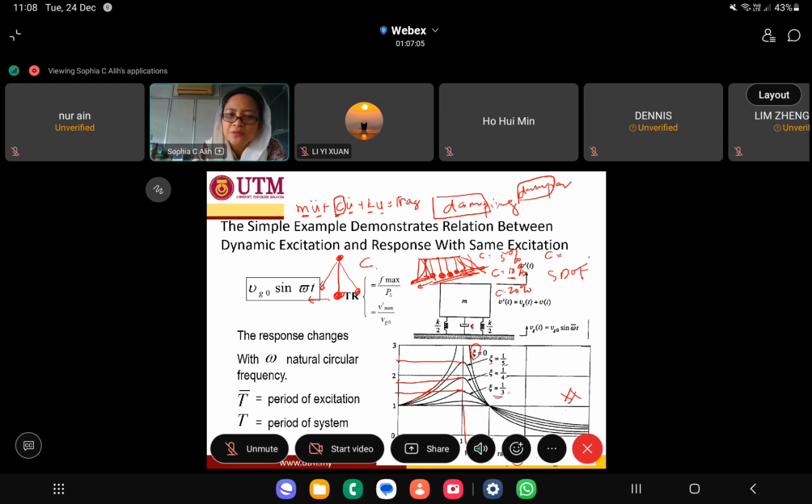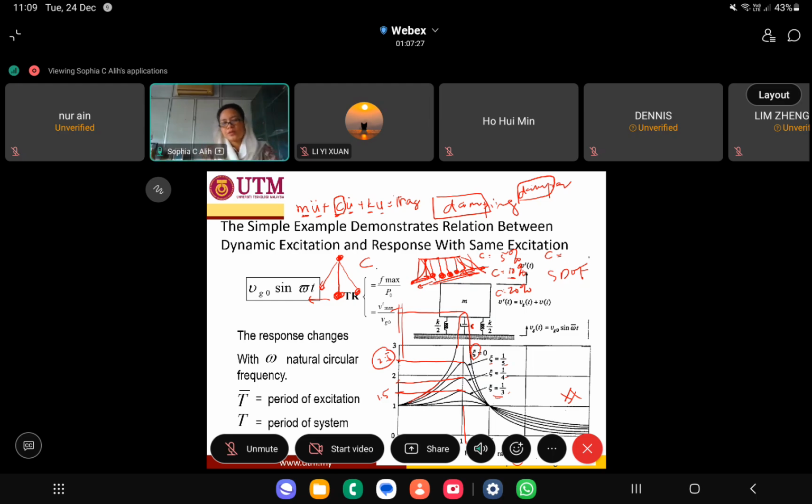If I increase my damping to 1/3, my amplification factor is around 1.5. But if I have 1/5, my amplification factor is 2.5. So whatever response I have, I'm going to multiply it by 2.5. And if I don't have damping in my system, I may go for this one.